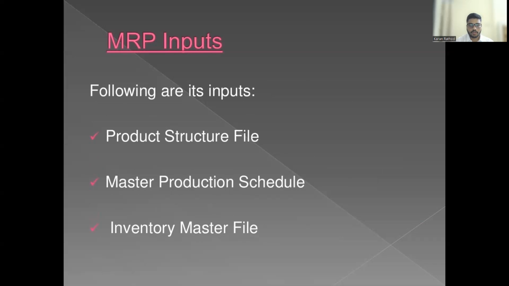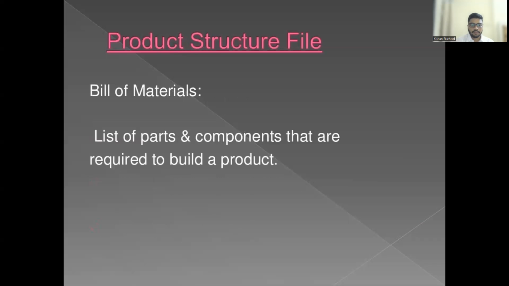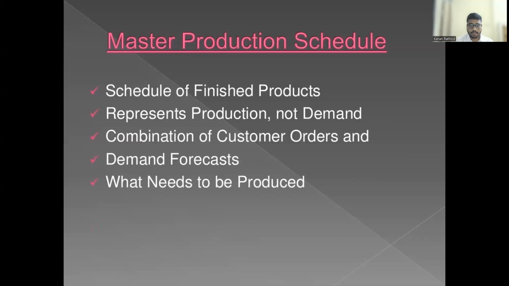Inputs of MRP. Following are its inputs: product structure file, master production schedule, and inventory master file. Product structure file includes the bill of materials, the list of parts and components that are required to build a product. Master production schedule is a schedule of finished products.